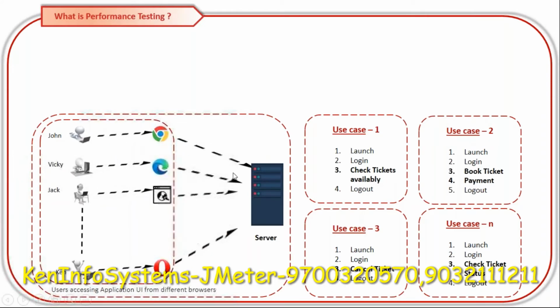Vicky is doing ticket booking. Jack is doing cancel ticket. Ken is checking ticket status. So we can say these 4 users are concurrent users. Is it clear, everyone?